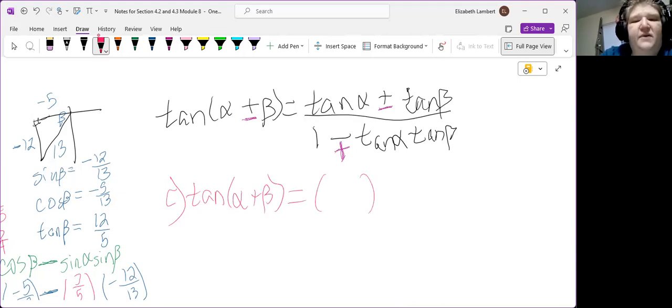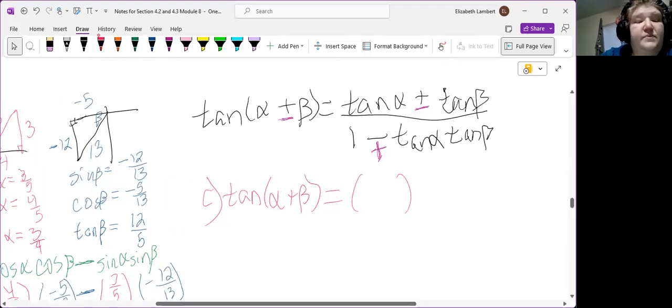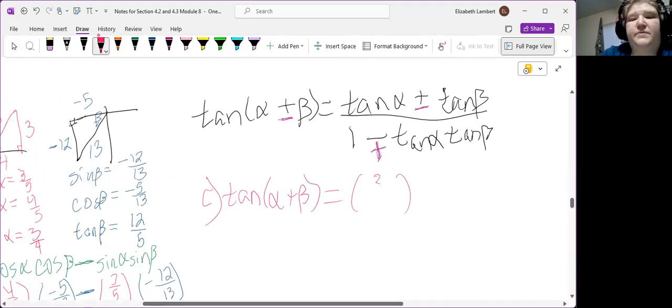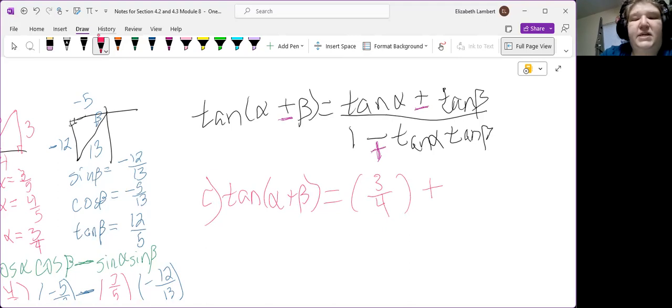So tangent of alpha was 3/4, plus tangent of beta was 12/5, over 1 minus 3/4 times 12/5.